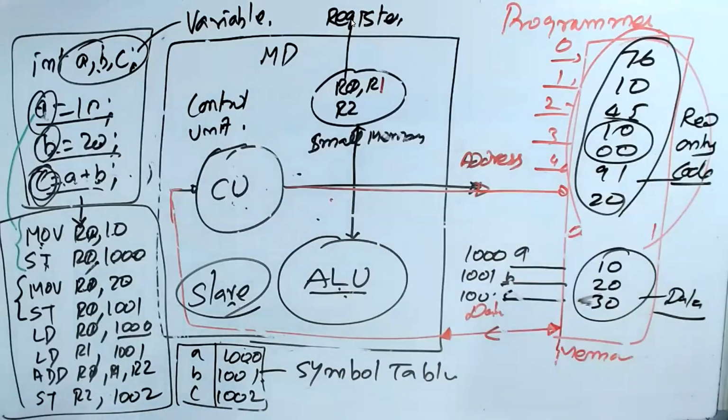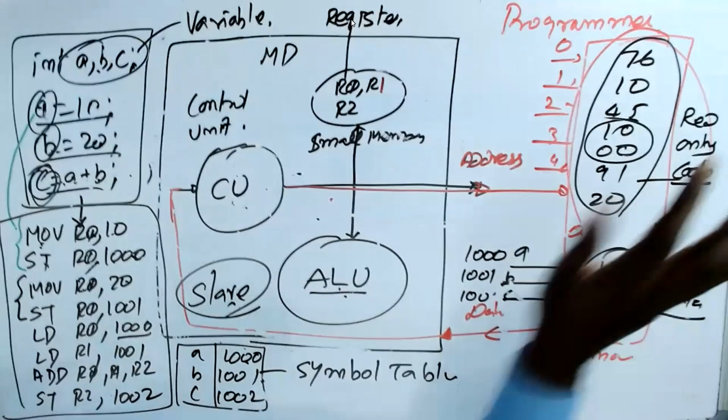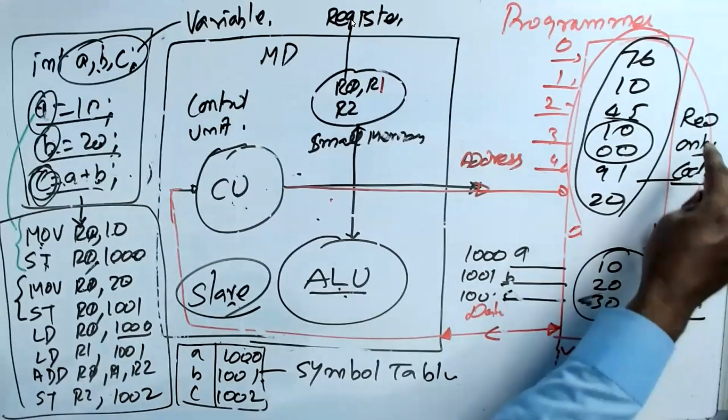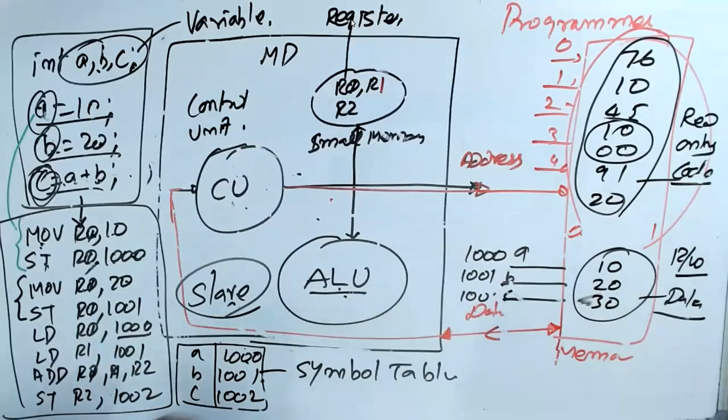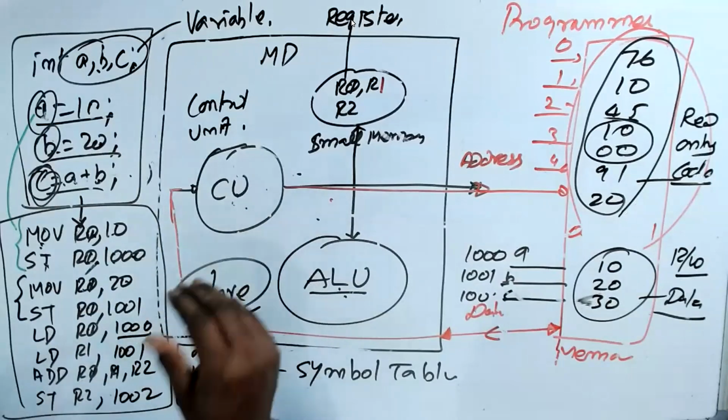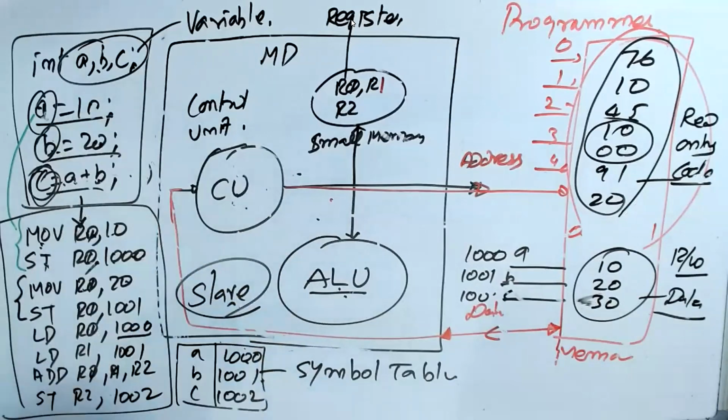Now, let us get to the point. Please understand the difference between data and code. Code is always read only, but data is read-write, because I have to write the variable. Also, the moment I power on, this can be a volatile memory.